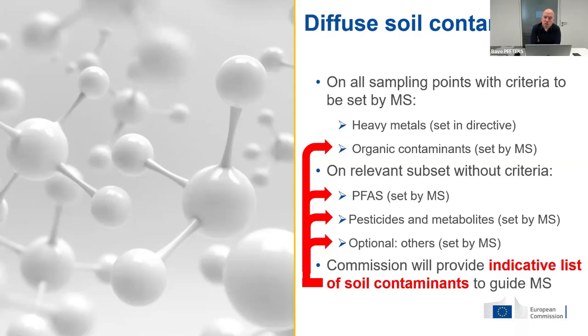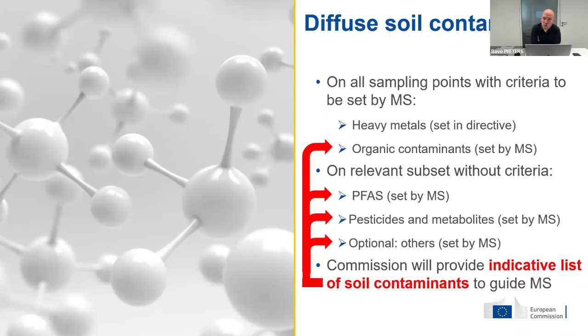which lists the PFAS family. So member states will have to select certain PFAS substances from the family. Also, they will have to set pesticides. And of course, they can go further and also select other chemicals. And those three bullets, they will have to monitor on a subset of their monitoring framework.